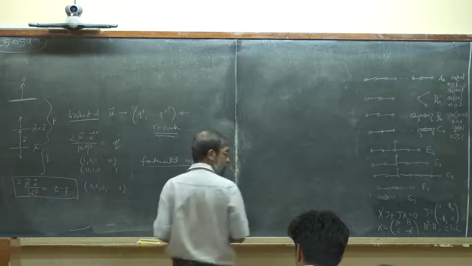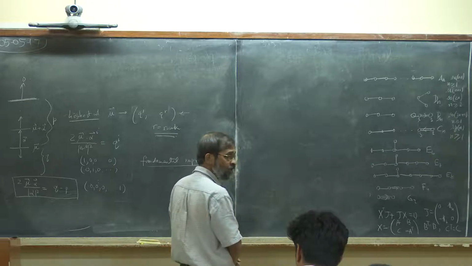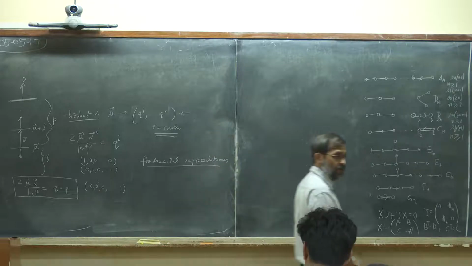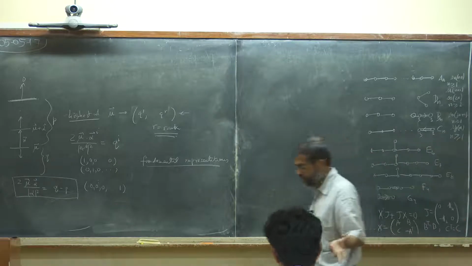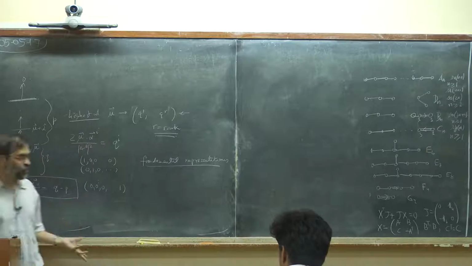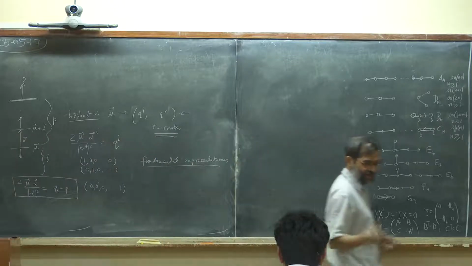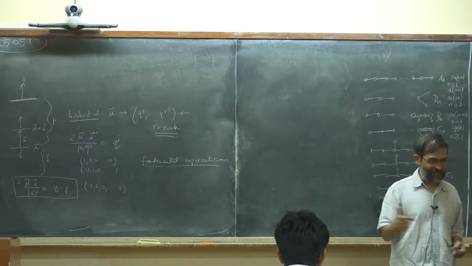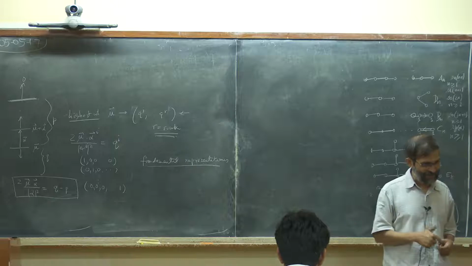In general, is the highest weight vector unique in any linear algebra? No. There are many highest weight vectors. For example, the highest weight vector for the spin half representation of SU2 is something to which you can apply the lowering operator only once.